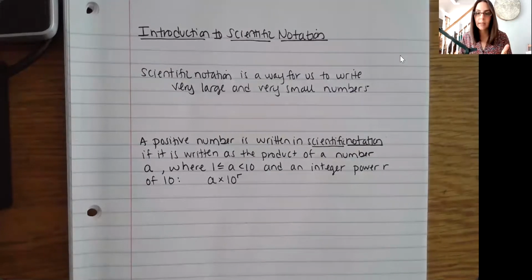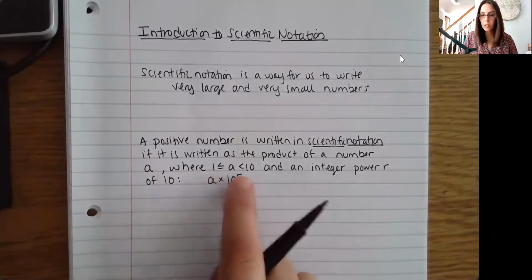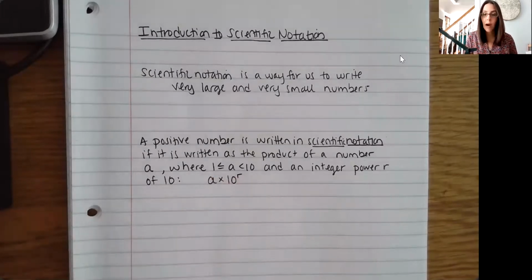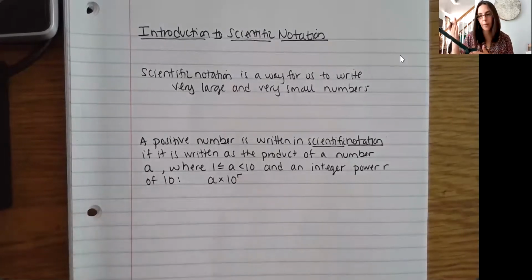It's really not as bad as it sounds. So it says a positive number is written in scientific notation if it is written as the product, so meaning multiplication, of a number A, where A is between 1 and 10. It includes 1, but excludes 10, and an integer power R. So in scientific notation, the number looks like this. It's a number times 10 to some power.